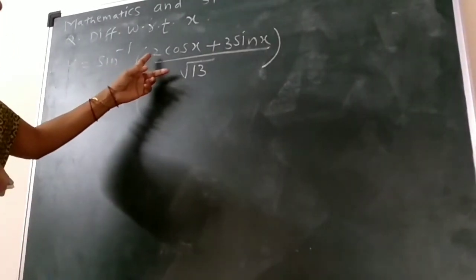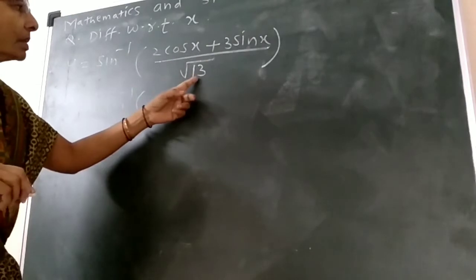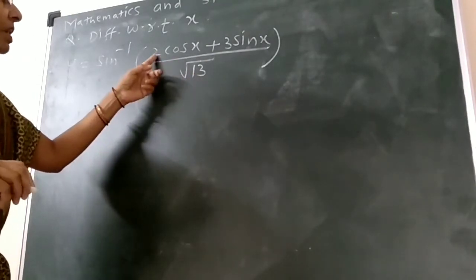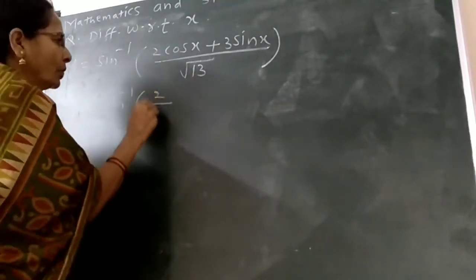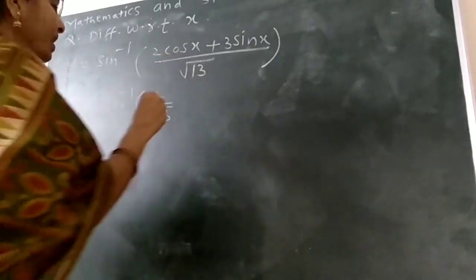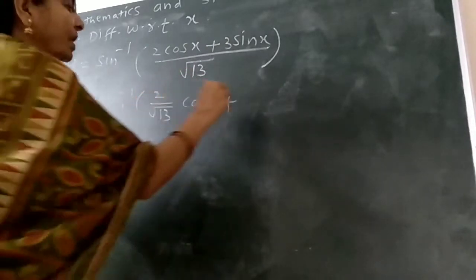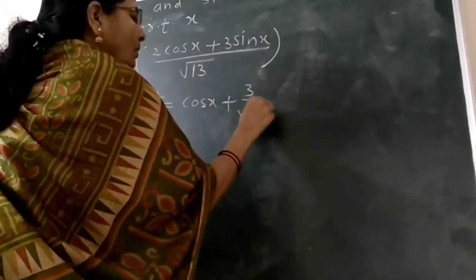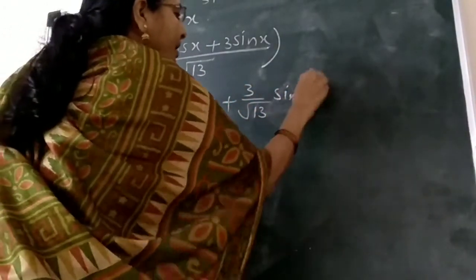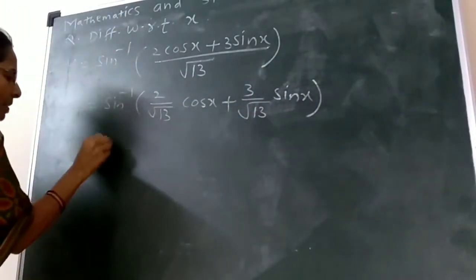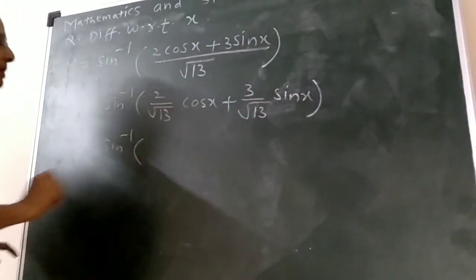Now we take this denominator to each term: 2 upon root 13 cos x, here 3 upon root 13 sin x.